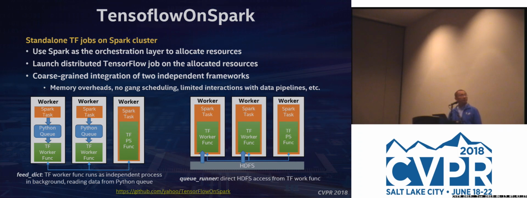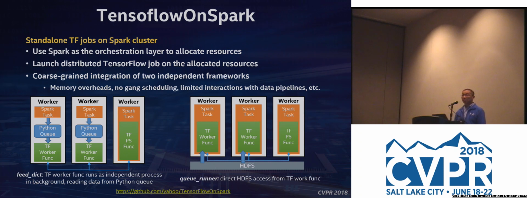It has some problems. In this case, it has some memory overhead. It's not very efficient to transfer data between two independent processes. Another limiting factor is that you really need to launch all those TensorFlow tasks all at once. It's kind of gang scheduling that is required.